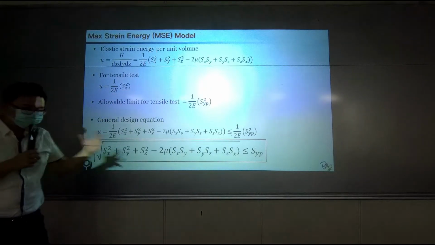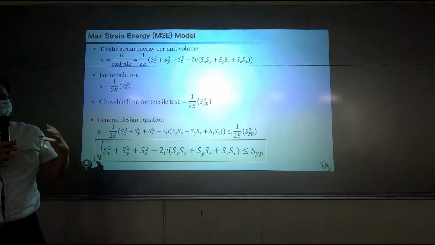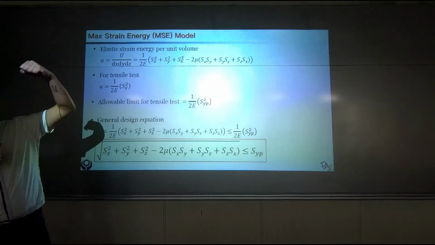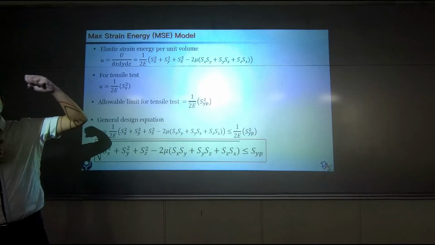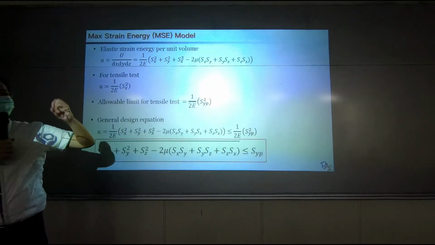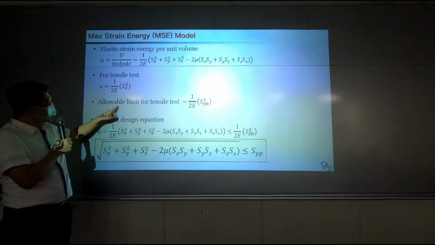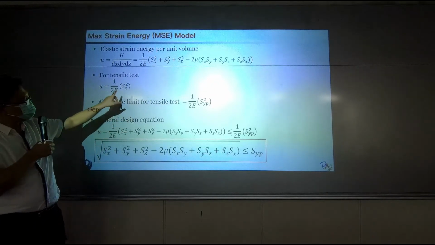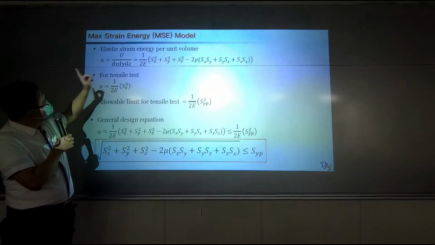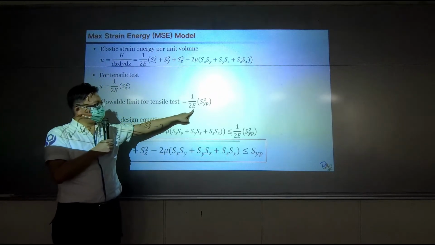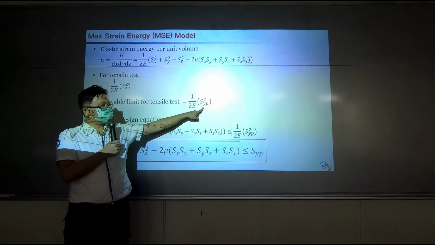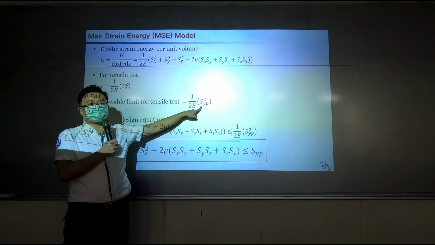And we use the idea where the tensile test will lengthen the material until it yields. So when we reach the limit of the material, the strain energy will equal to this, because this is where your stress equals the yield strength.